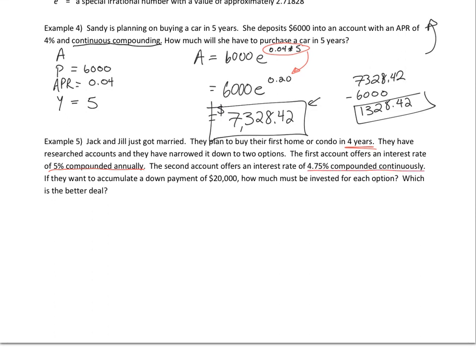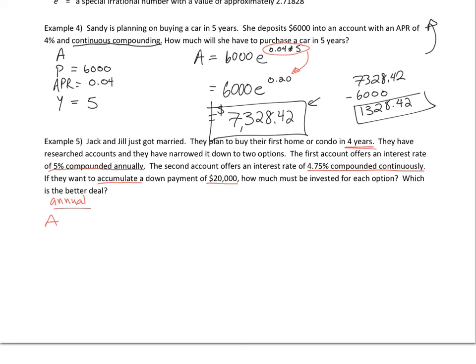So that's a completely separate scenario. If they want to accumulate a down payment of $20,000, how much must be invested for each option? Which is the better deal? So let's do this one, annual.